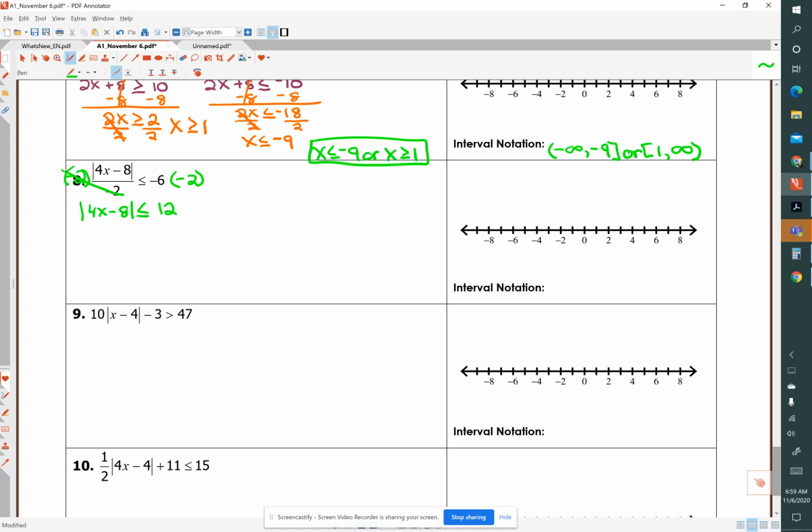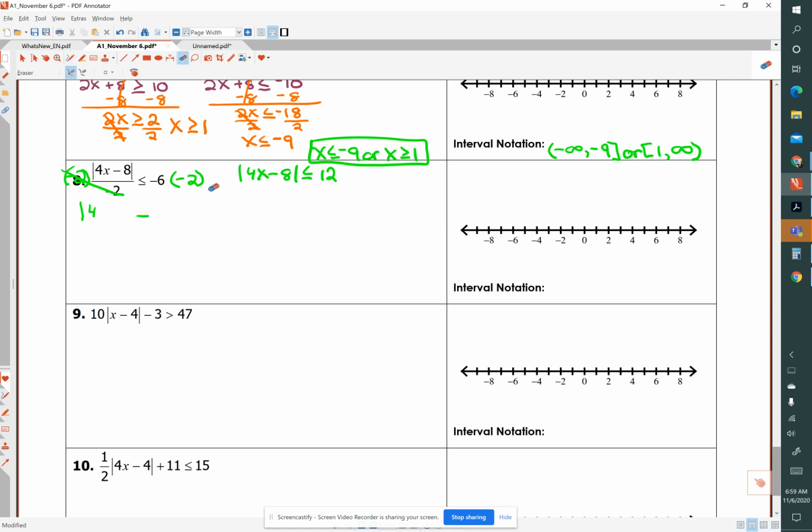Now we can make two cases. So I'm going to write this up here and give us a little more room. So the absolute value of 4x minus 8 is less than or equal to 12. And this will also be of the OR type of inequality.